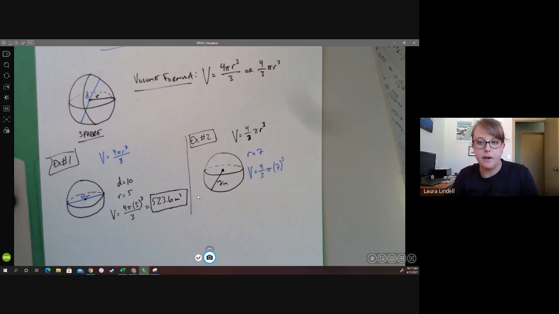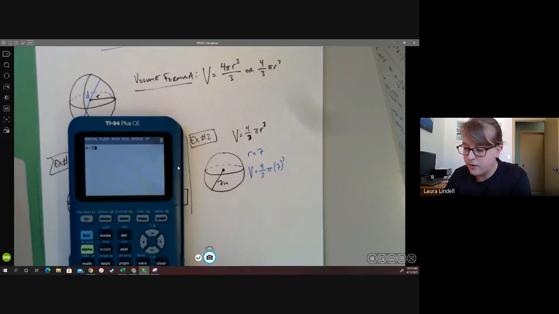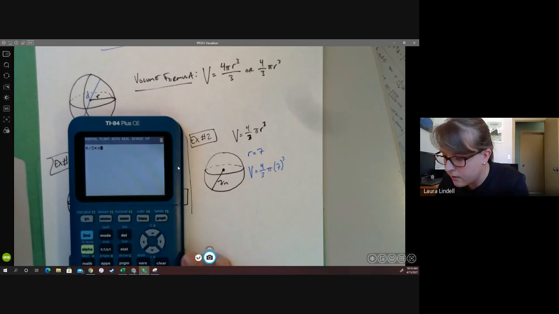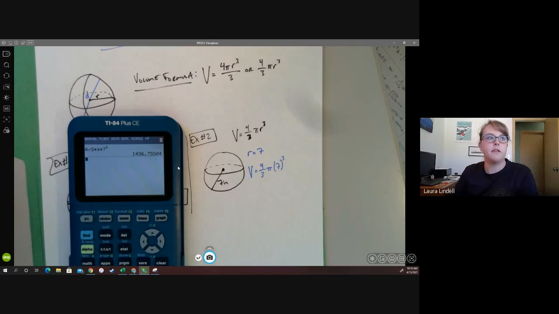And we would want to type that into our calculator. So if you're working with just a regular calculator, 4/3 times pi times 7 to the 3rd power. 1436.76 approximately if we're rounding to the nearest hundredth.